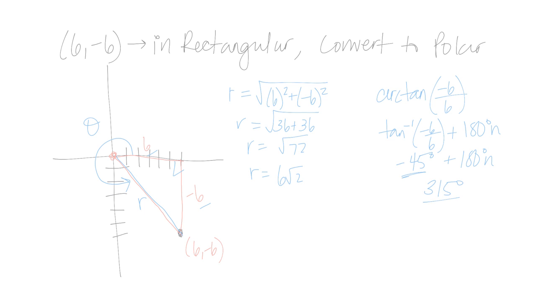You can use negative 45 or 315 here. Okay, so the way that we would write this in polar form, the r value comes first. So it would be 6 root 2, comma, negative 45 degrees. Or again, you could use 6 root 2, comma, 315 degrees. And that's our polar form for this rectangular.